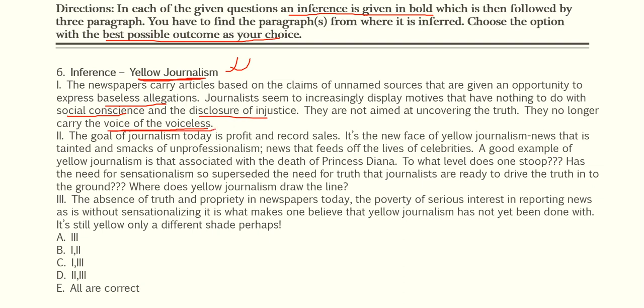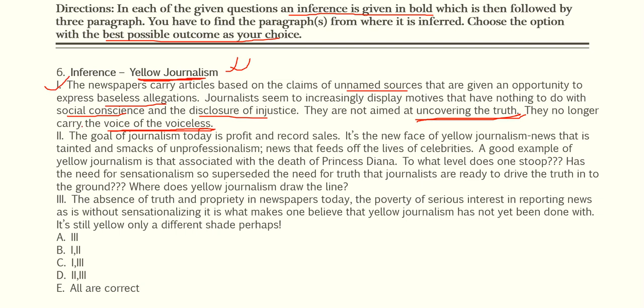Means they are not into journalism. They are not actually focusing on the main issues, right? Fine. They are just depending on false allegations, baseless allegations, right? From unnamed sources. Got it? So that is yellow journalism, just as I mentioned. So this one is correct. Got it?